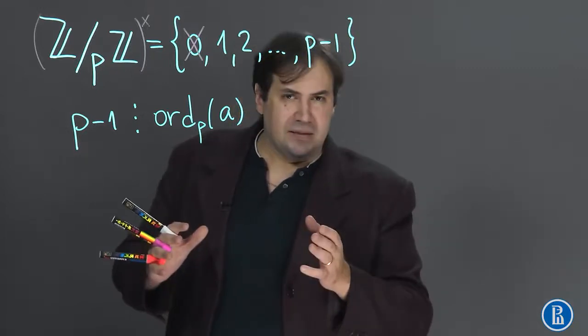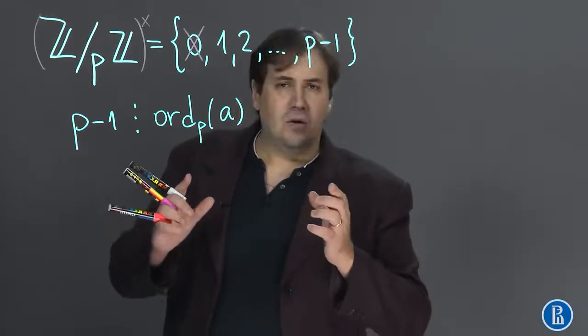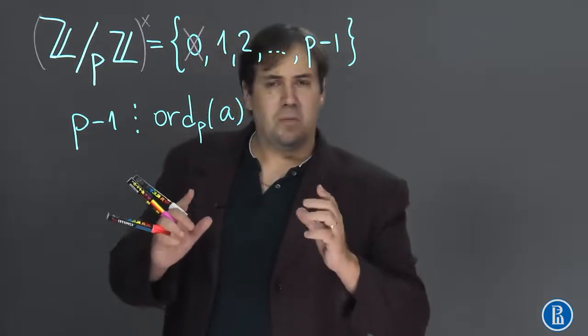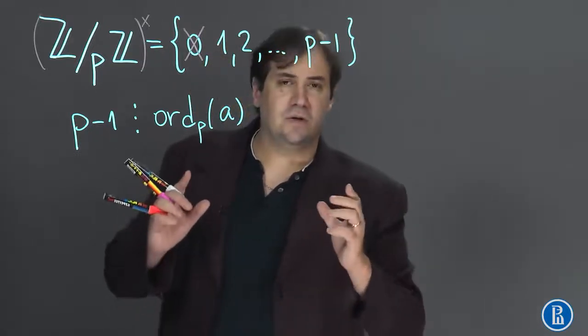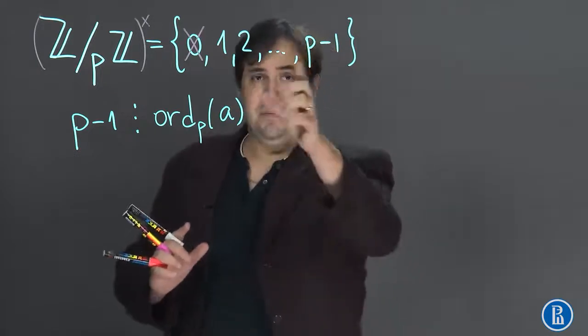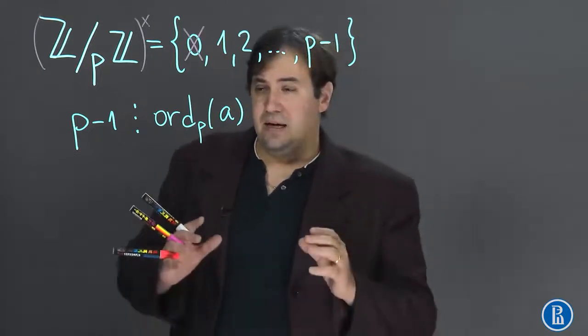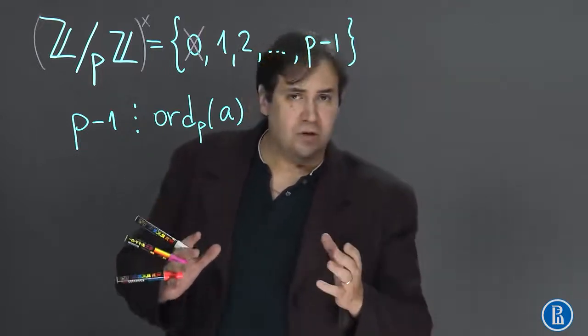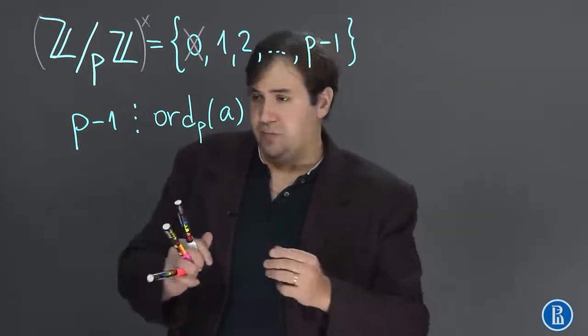The question is, are all divisors of p minus 1 good for being an order of some element of these? How many elements of specific order are there?